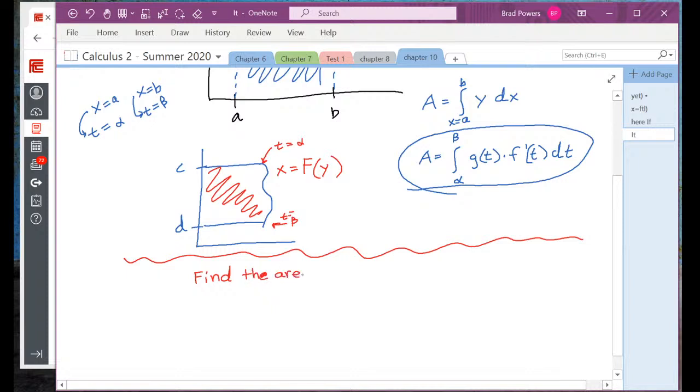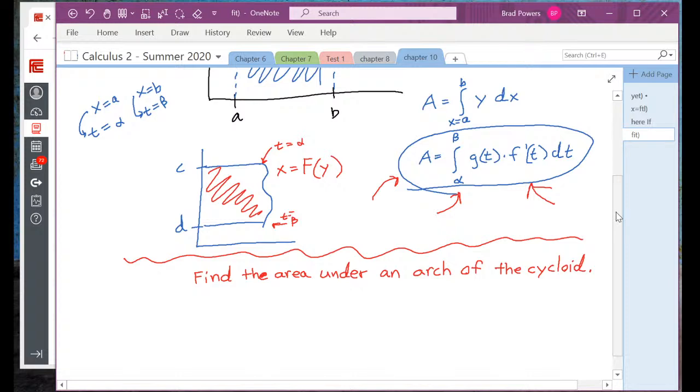Find the area under an arch of the cycloid. Again, guys, remember this thing is the important thing. That's how we get area under a curve if we're dealing with parametric equations, okay? And you saw me figure it out. Actually, it wouldn't be that hard to memorize how to figure it out, so you don't have to memorize this formula.